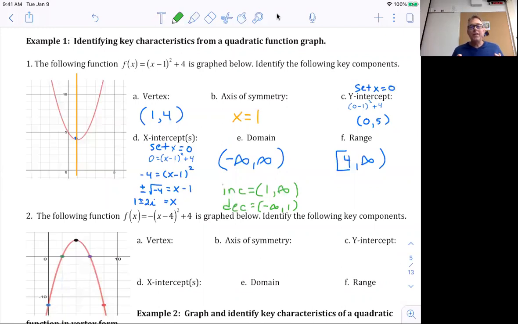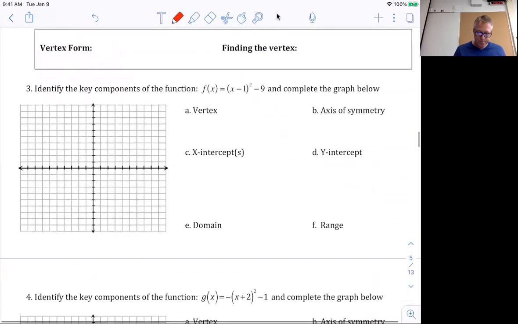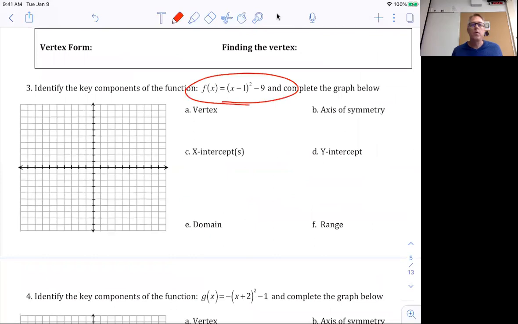All right, so in this case, we were given a graph over here. Now we're going to do one where we're not given the graph. We're going to determine that information from the equation. So this is written in vertex form, and while we're writing things down, I'm going to be graphing at the same time, okay?